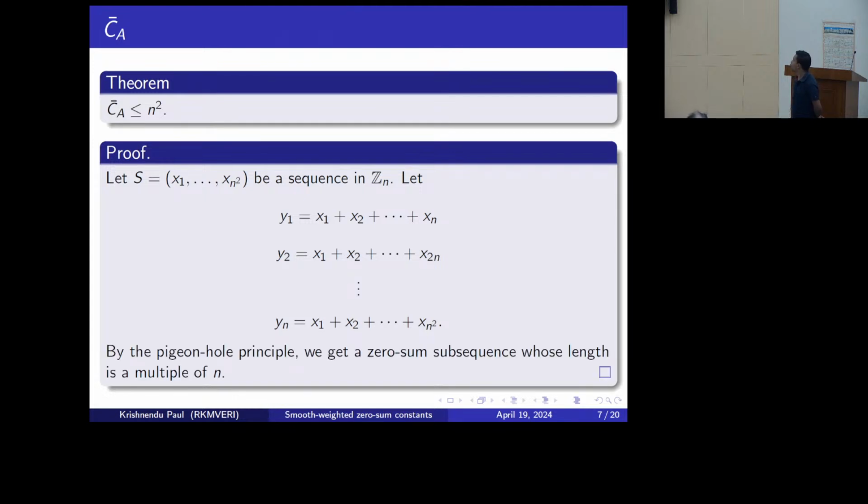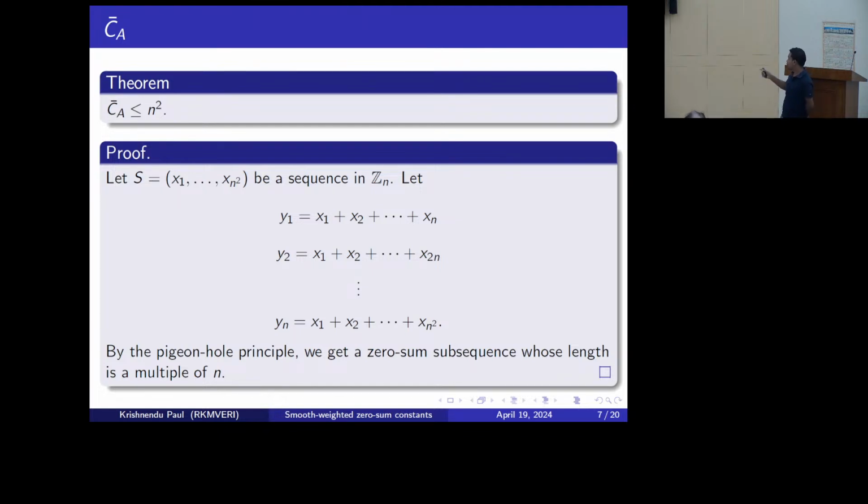So by the Pigeonhole principle, if some yi is 0, then obviously we get a subsequence of length multiple of n, and if all yi are non-zero, then obviously some yi equals yj, there exist i not equal to j such that yi equals yj. That means we can get a subsequence of length multiple of n.